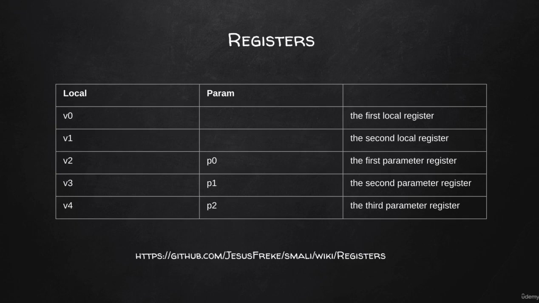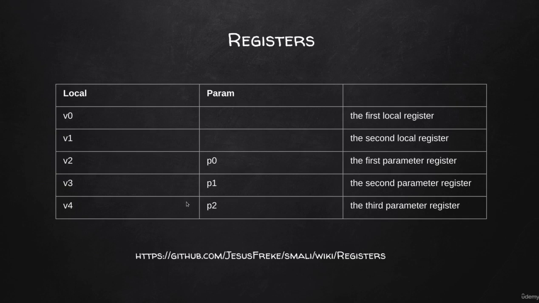For example, if you are writing a non-static method and it has 2 integer parameters, it also has an implicit myObject parameter before both the integer parameters. So there are a total of 3 arguments to the method. Let's say you specify that there are 5 registers in the method with the directive .registers 5, or you can do .locals 2.